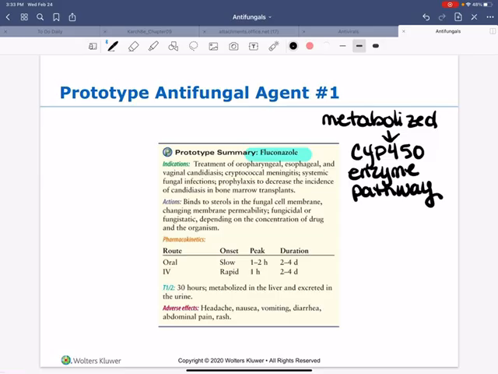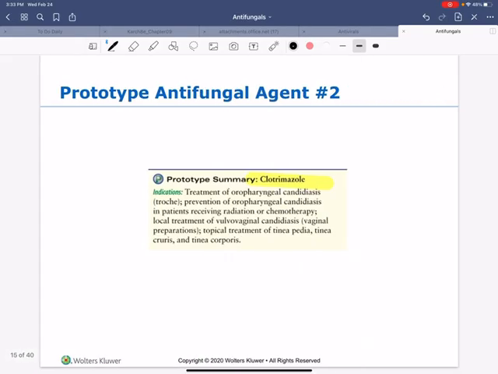So remember, we were talking about statins and grapefruit, how they're metabolized in that same pathway. Well, it's the same way with this. So we want to be careful with giving other drugs with fluconazole, because they're both metabolized in the same pathway, so one can kick the other out. Remember the agonist antagonist? That's exactly what can happen.